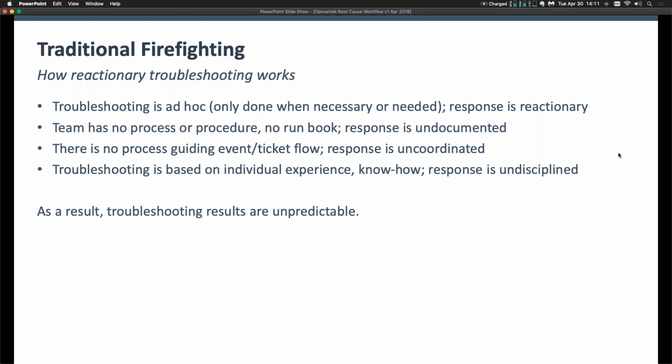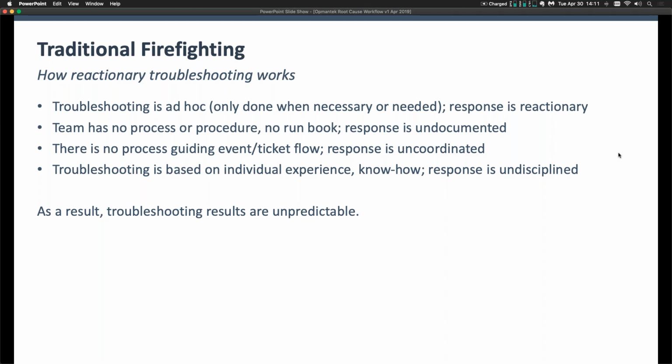And finally, of course, a lot of times we'll see that the ability to troubleshoot a problem can oftentimes be based more on individual experience and expertise. Engineers who are more senior, who have more familiarity with the network architecture or specific types of equipment, will be able to troubleshoot problems quickly.